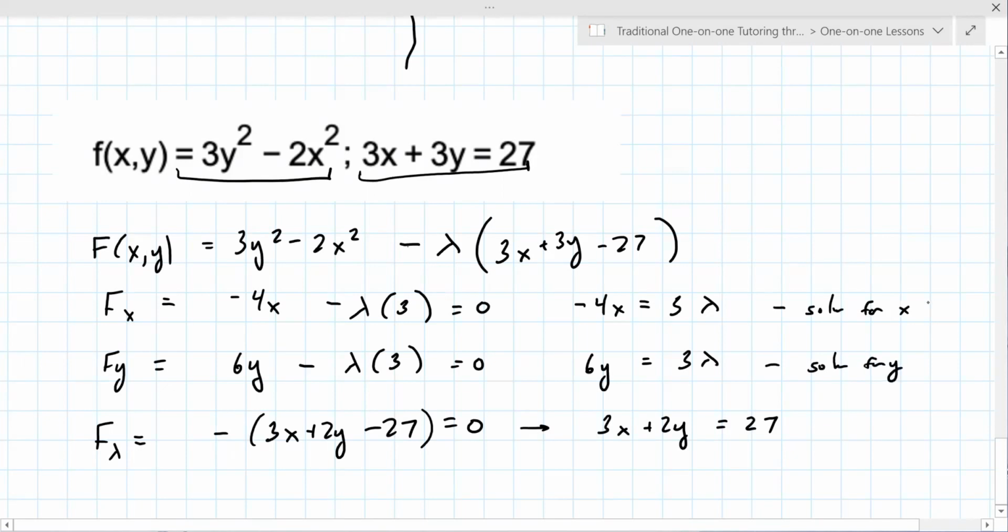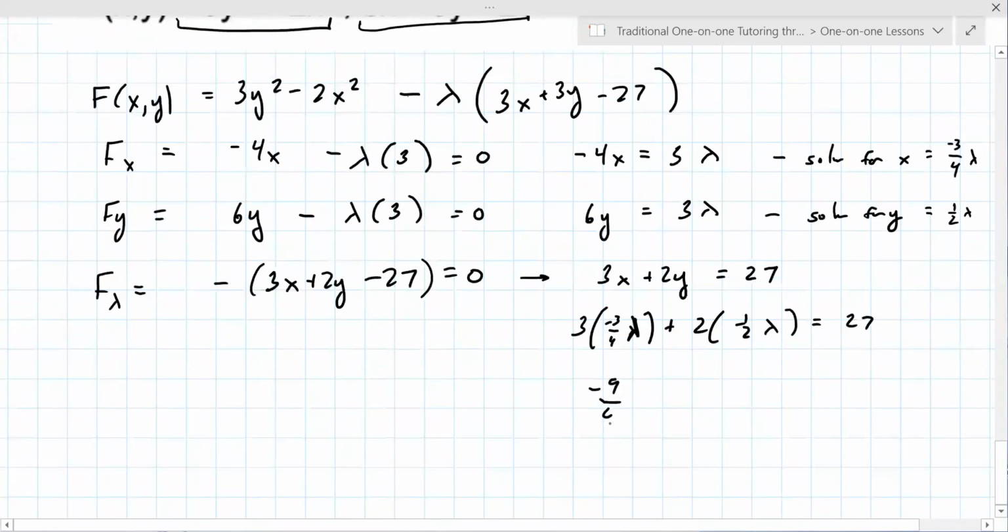So like the first one, x equals negative 3/4 lambda. And the second one, y is equal to 1/2 lambda. And we just put those in here. So this is 3 times minus 3/4, well, I'm sorry, lambda, plus 2 times 1/2 lambda equals 27.